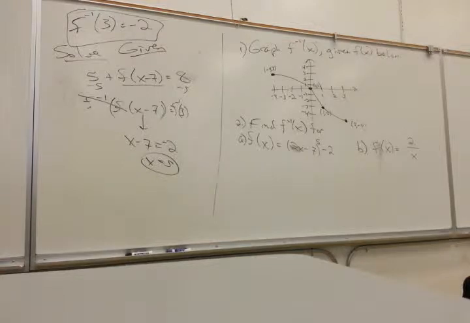Set it equal to 5, subtract 5, factor it, and then you're going to throw out the x1 that's less than negative 2, because they restricted their domain.